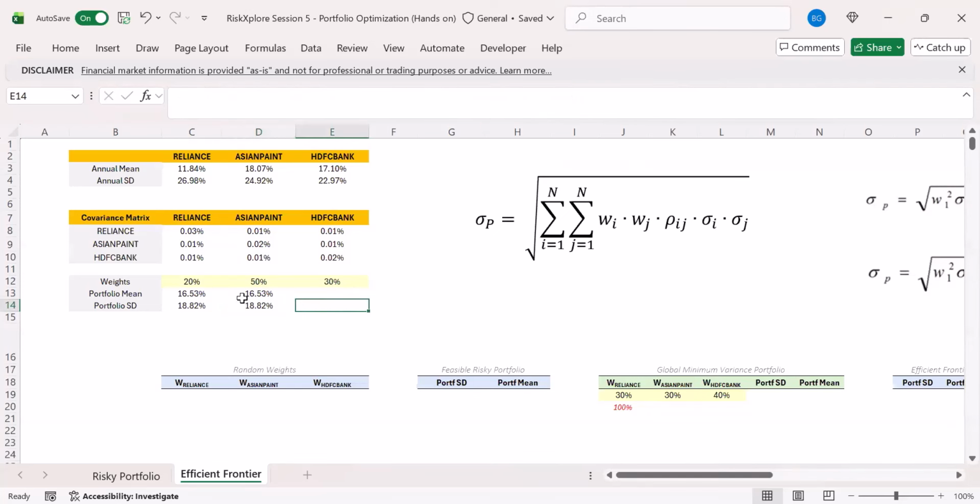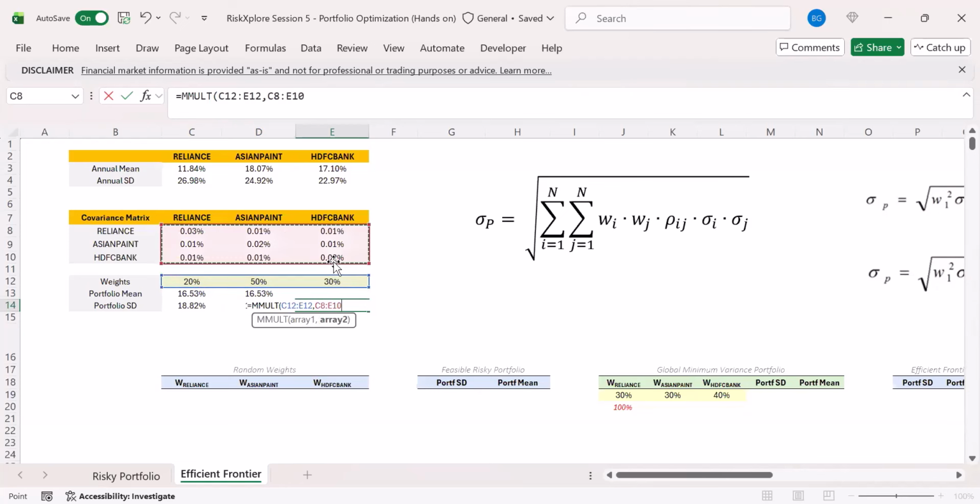Let me show you the other way as well, and then we will again revisit this. The other way is using matrix multiplication operations. So what we can do is use MMULT function to find out the matrix multiplication between the weights and the covariance matrix.